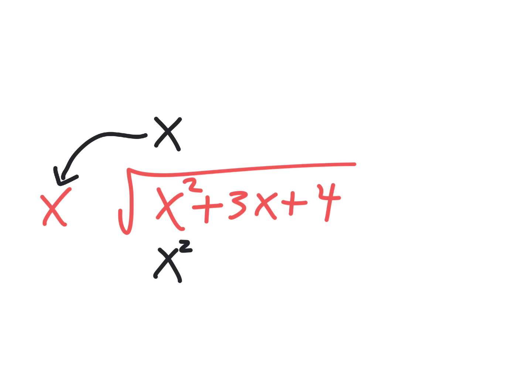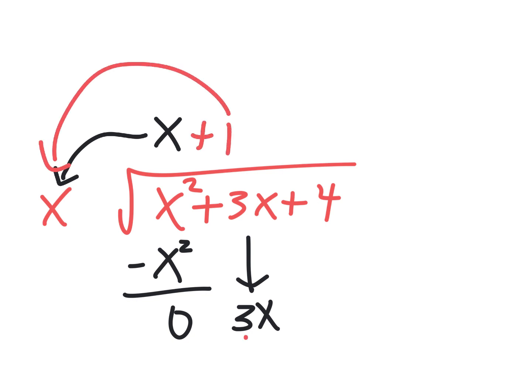Then what do you do? Then you do the opposite thing. You remember how you make it the opposite? And now that goes away. And then you bring something down. And then you think to yourself, well, maybe if I put a 1 here, 1 times x makes 1x. Did that match up nice? No. Then I guess I needed a 3.